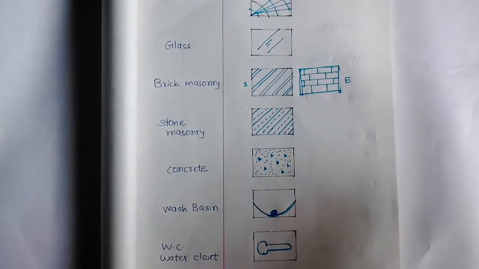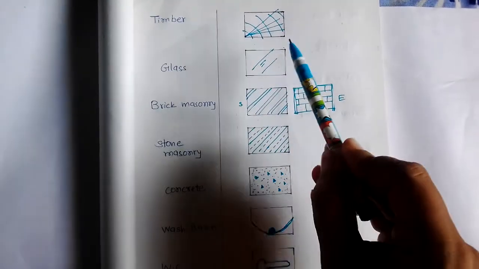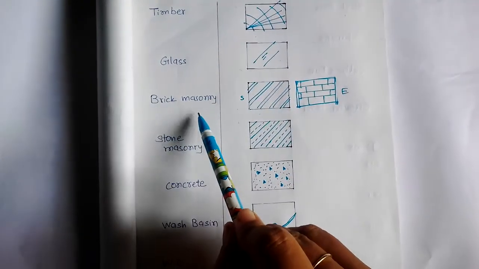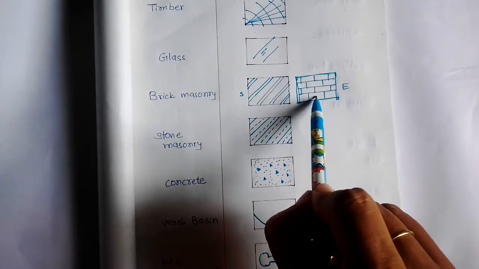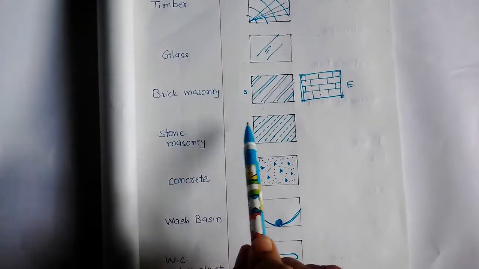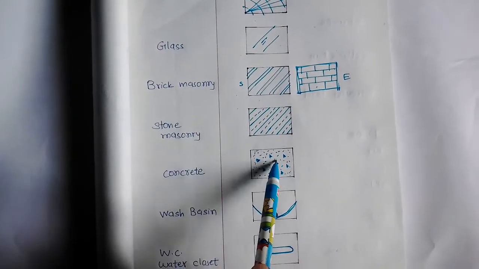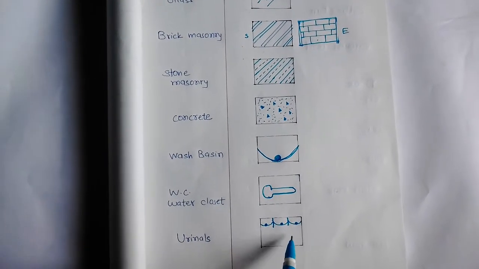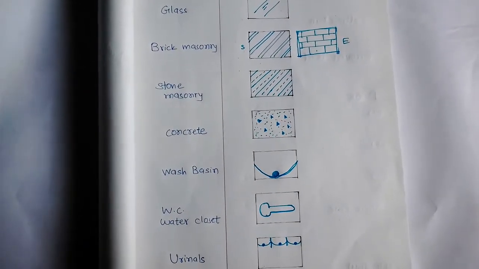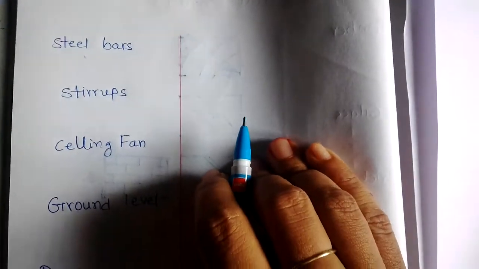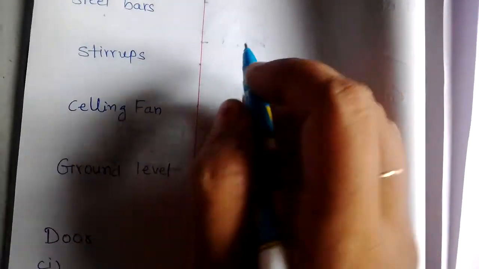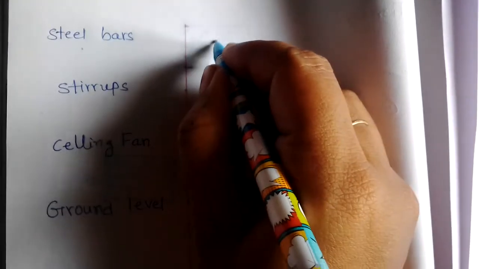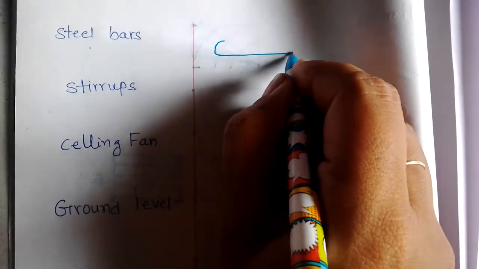You can see here timber, then glass, then brick masonry in sections and brick masonry in elevation, stone masonry in section, concrete, wash basin, water closet, and urinals.